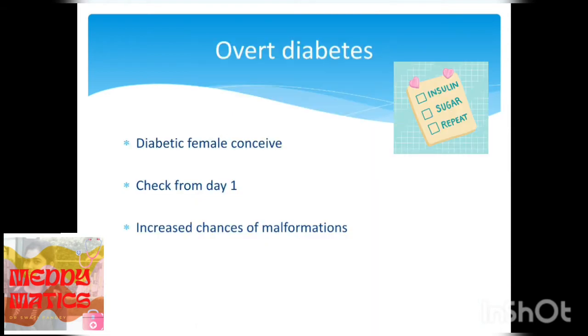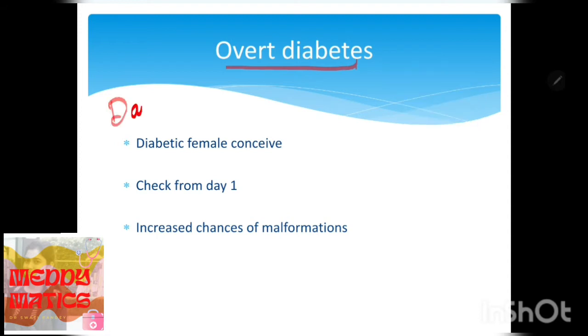Now, overt diabetes. What is overt diabetes? It is when the pregnant female's glucose level is more than normal from day one. If on the check from day one you find increased blood glucose level, that means she is already diabetic.